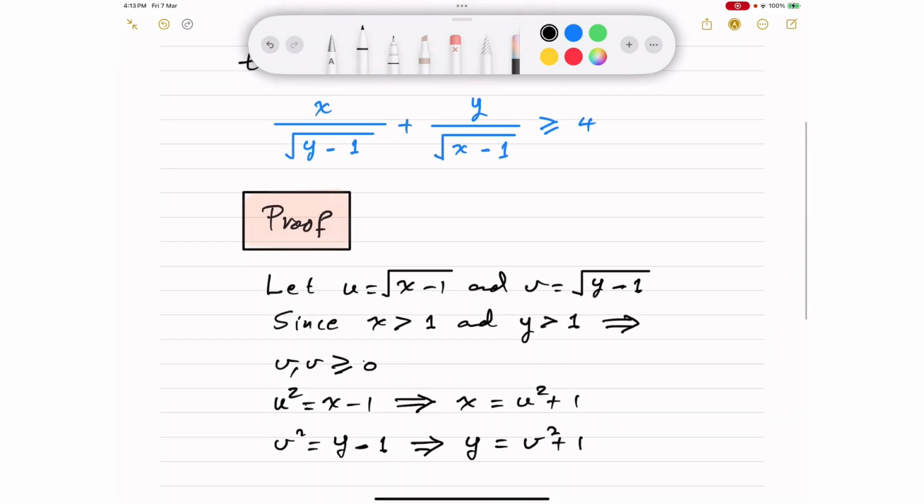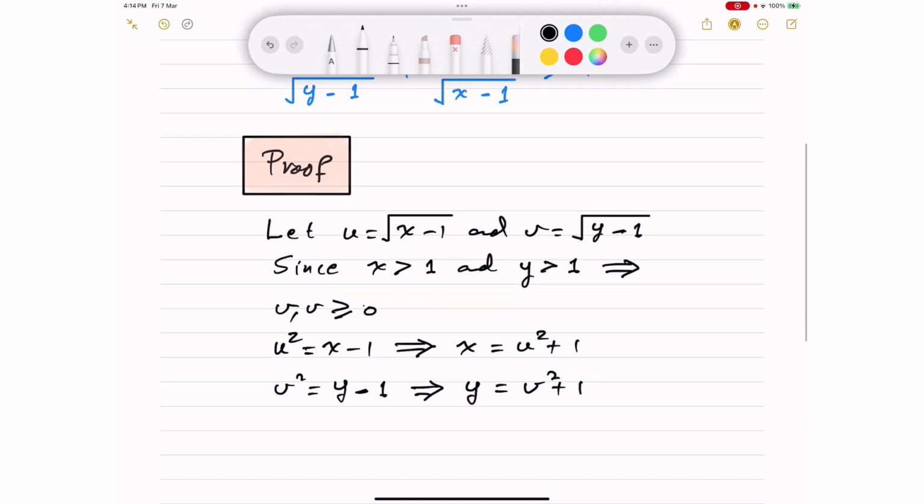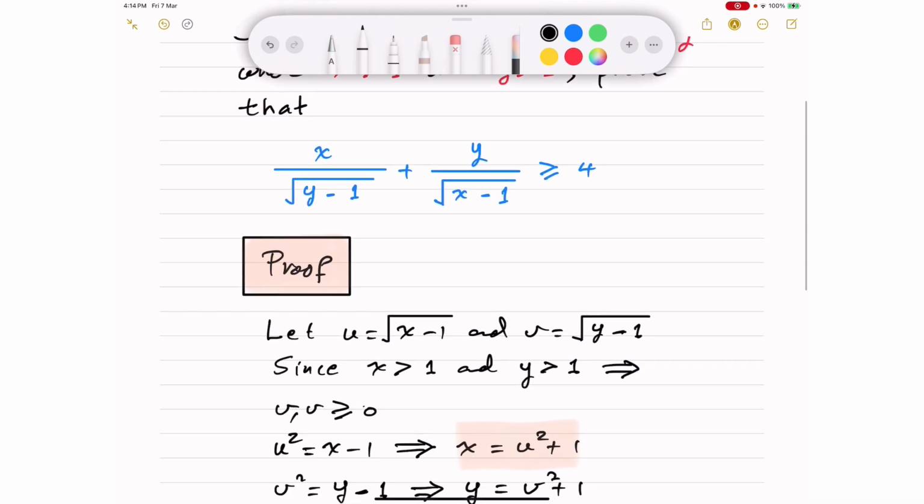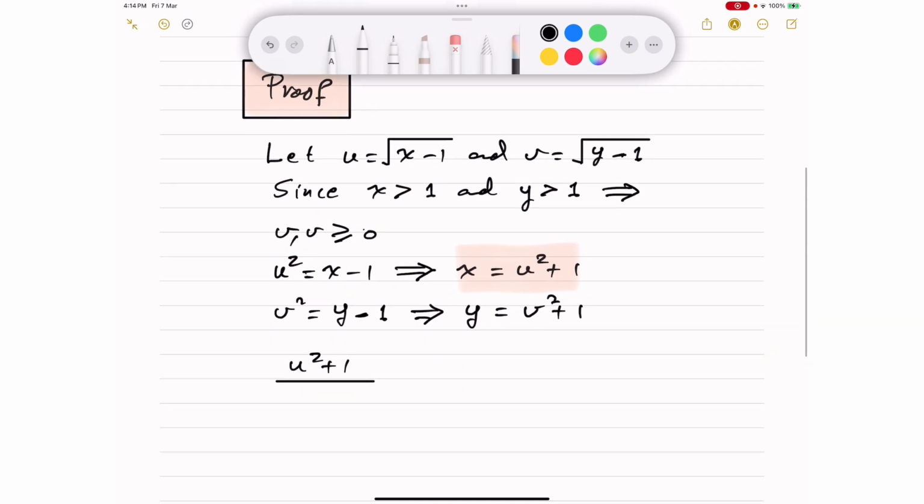Now we go back to the original inequality that we need to prove, and rewrite it in terms of the two variables u and v that we have introduced. x is replaced by u squared plus 1, and the square root of y minus 1 is replaced by v, so divided by v.